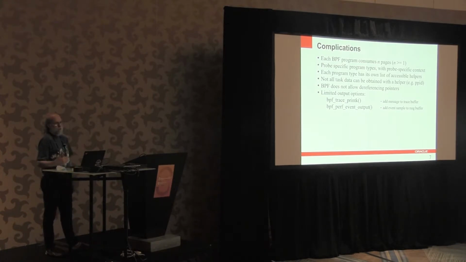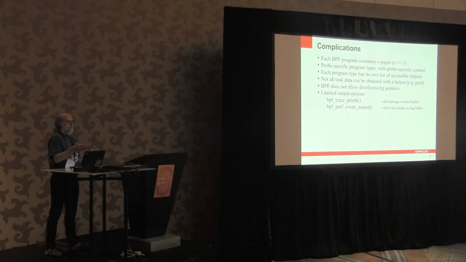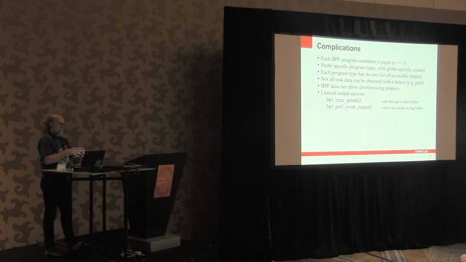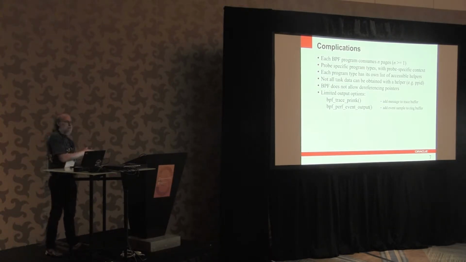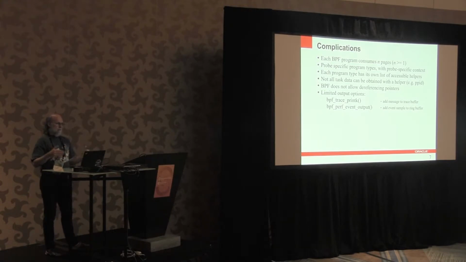There is also the fact that all the probe types that exist are grouped in types. You have the K probes, the trace points, the raw trace points, this whole collection. They all have their own context in which they operate, which is essentially the kind of information that is passed with them when the eBPF program is called. And you can't switch from one to the other. So instead of having this beautiful concept of everything is a trace event, we do have that, but all these similarly looking trace events are executing BPF code in totally different contexts, with their own functions and helper functions available.